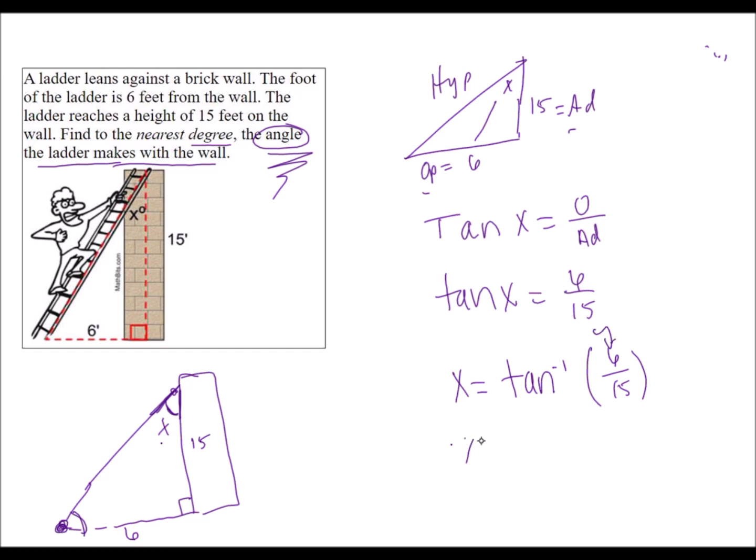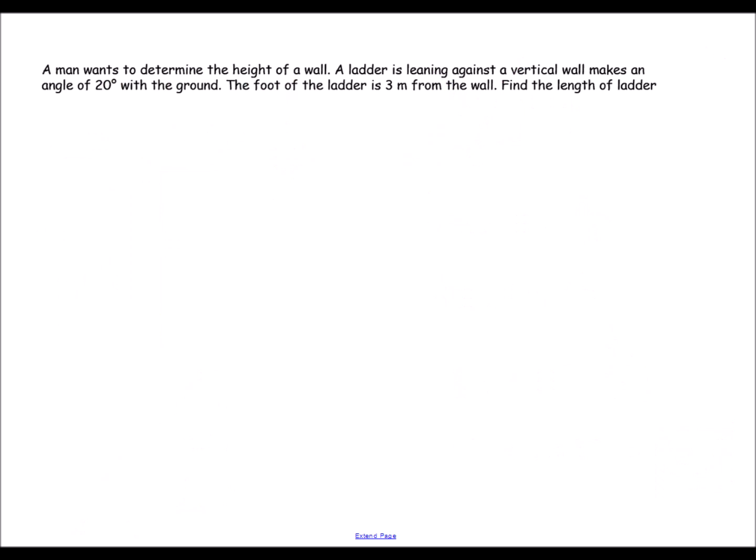Looks like that comes out to be about 21.8. But it says to round to the nearest degree, so we're going to say 22 degrees is that angle right there. The hardest part of these is getting that picture up there, but once you have the picture and you have your right triangle drawn in there, label your stuff, pick your trig functions, and then solve.